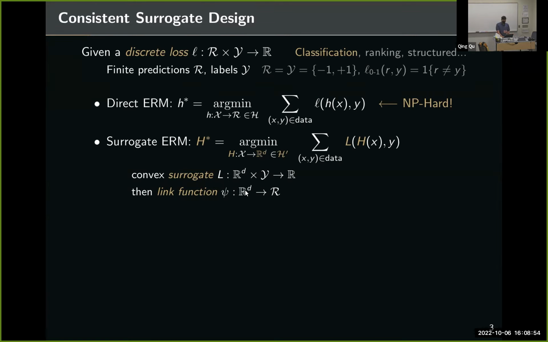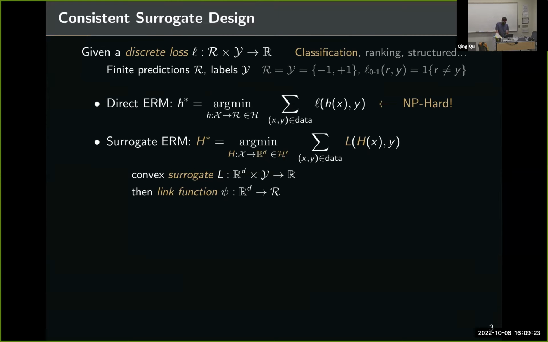Well, you need some sort of link function that takes these surrogate predictions and maps them back to the original space that you cared about, because you really want to make predictions in the finite set R. So you use a link function to take you back. If you are familiar with support vector machines or logistic regression, basically most or all supervised machine learning methods are doing something like this.